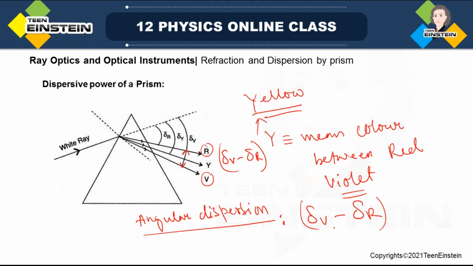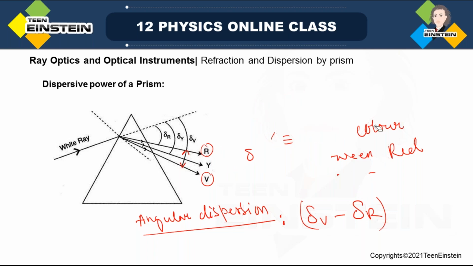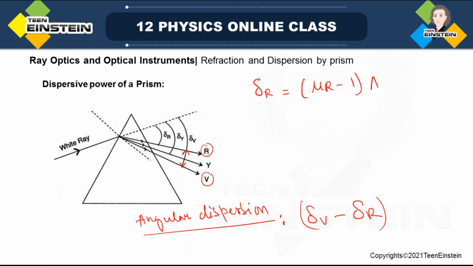Now, what is dispersive power? We have already learned one more thing, I need to write it over here. For delta R, we can write mu R minus 1 into A, and for yellow, simply mu.